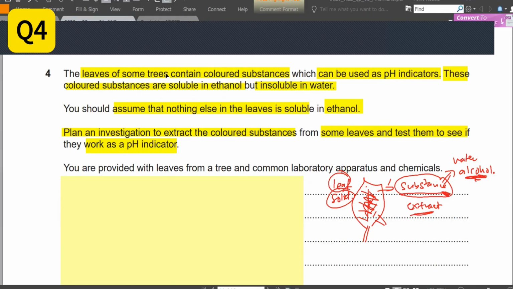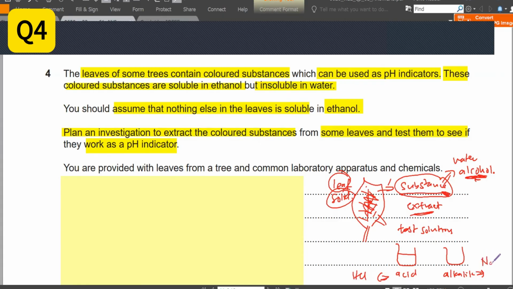So first, we have the extraction. Secondly, we will test with the test solutions. For example, we can test the substance in acid and alkali. For acid, we can use HCl.